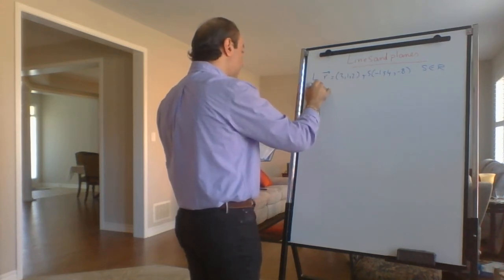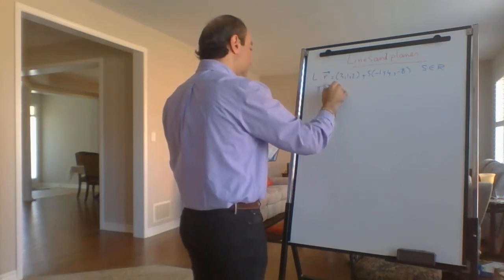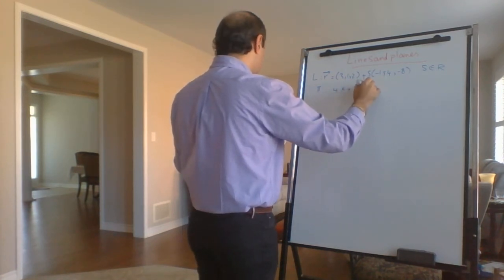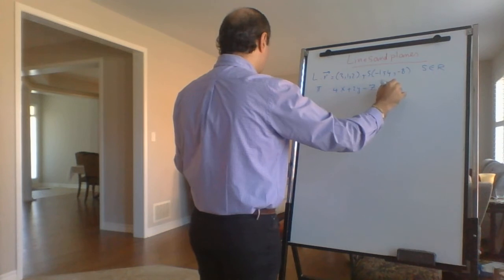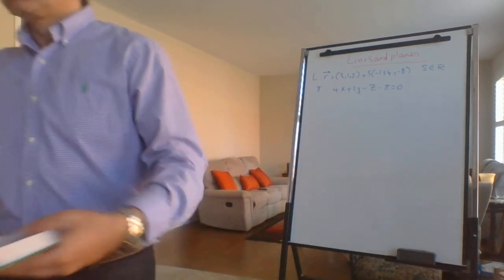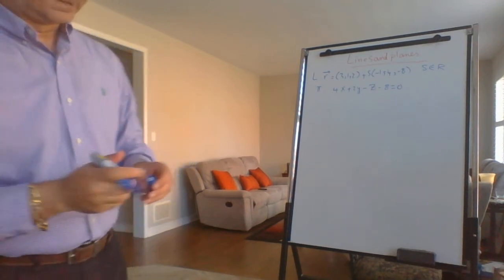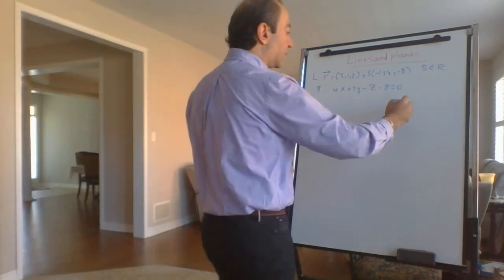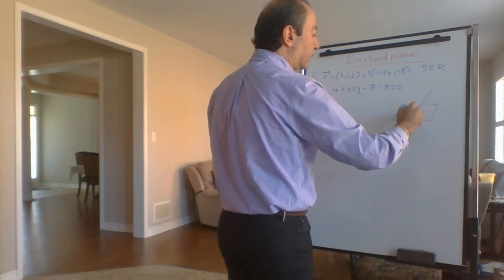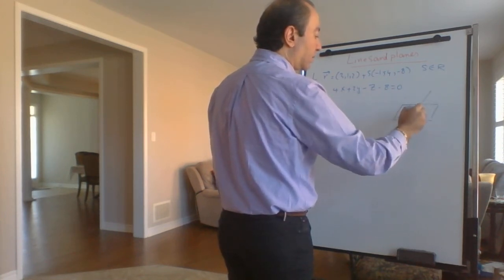And the plane pi that has a Cartesian equation 4x plus 2y minus z minus 8 equals 0, if any exists. So let us assume that we have this point of intersection.